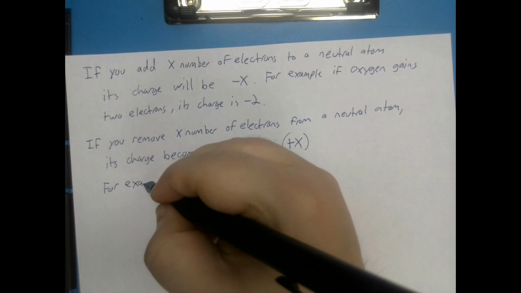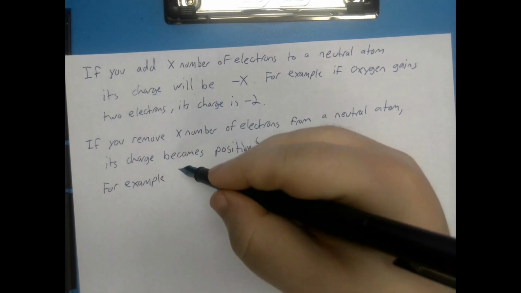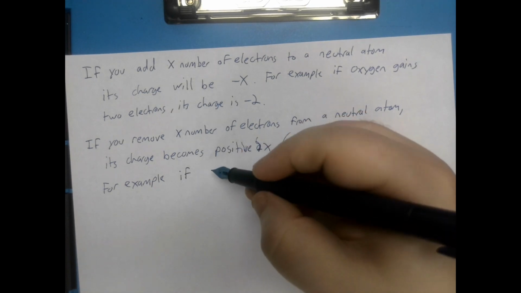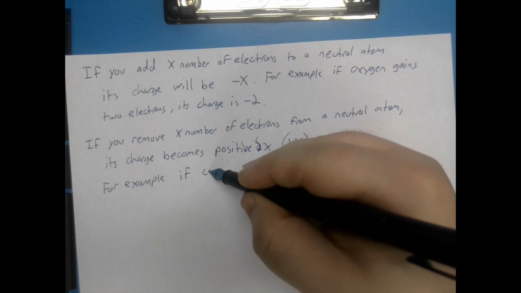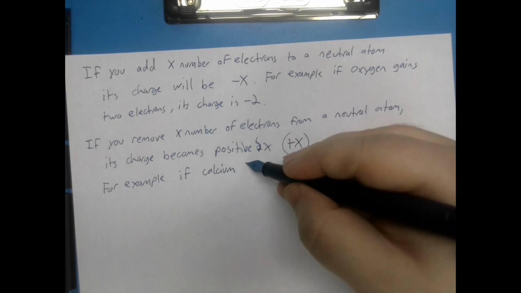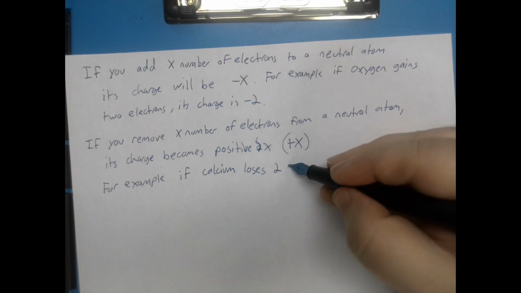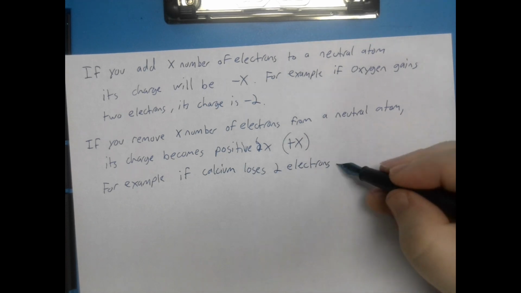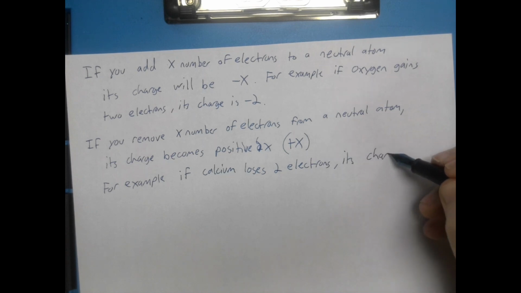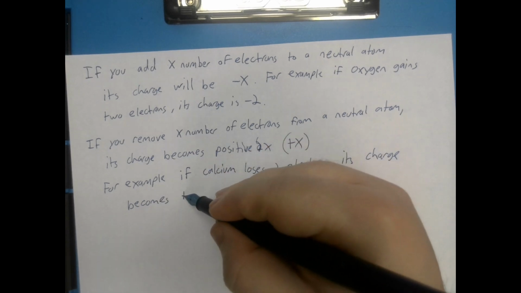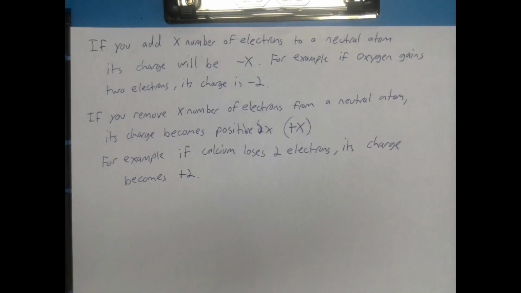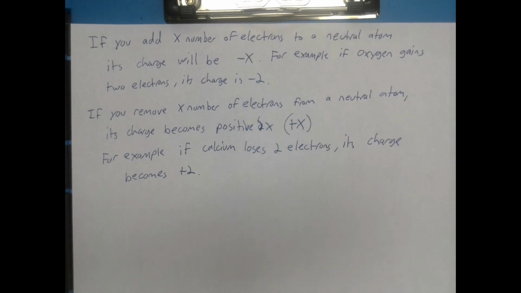For example, if calcium loses 2 electrons, its charge becomes +2. Make sense?